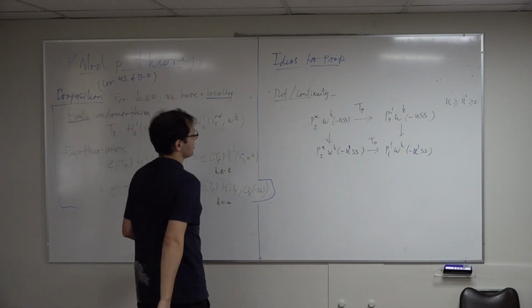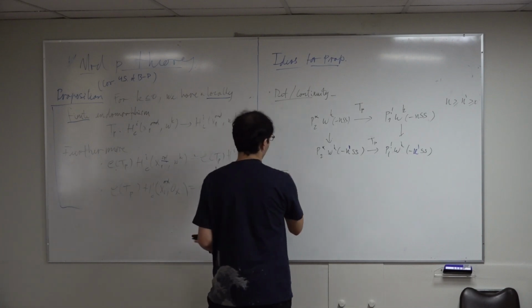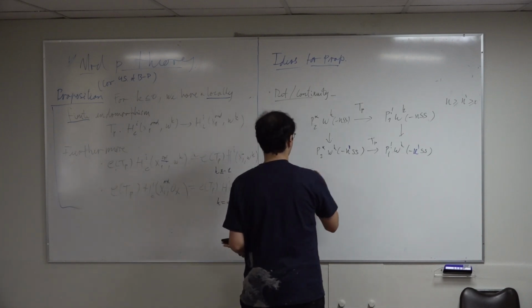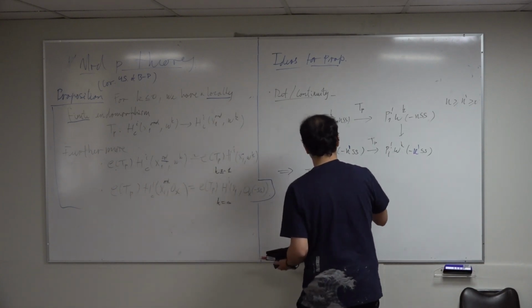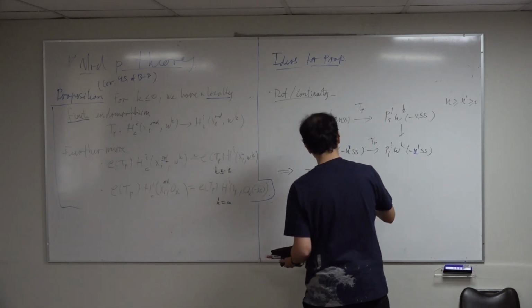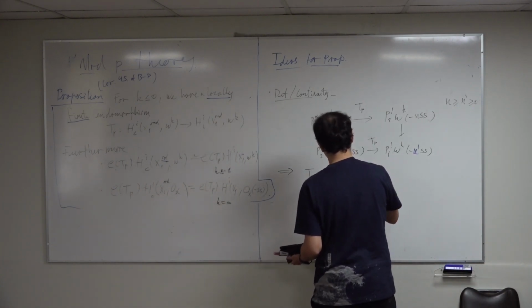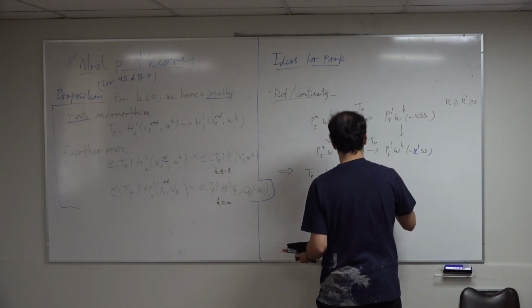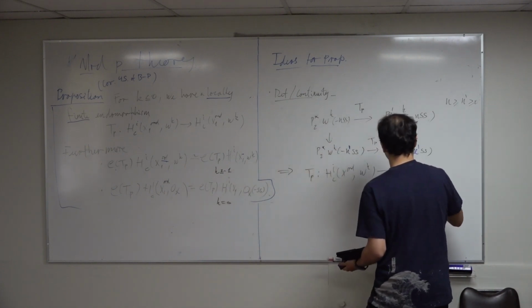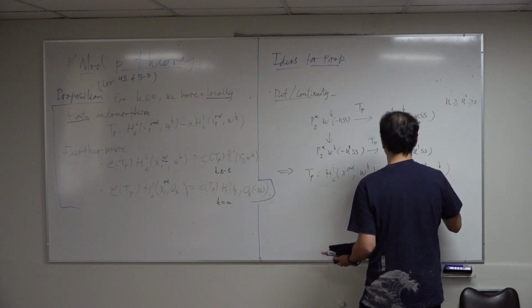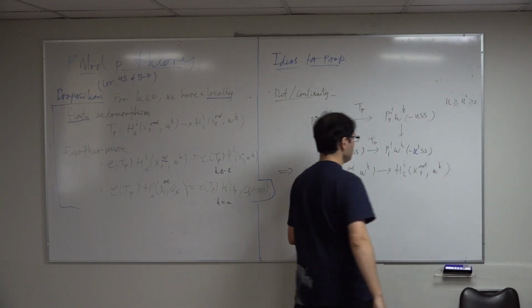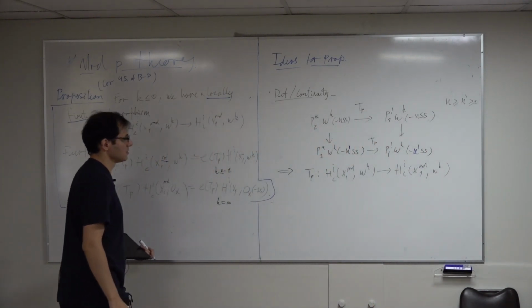This commutative diagram implies formally that we have a morphism between the HI of WK.